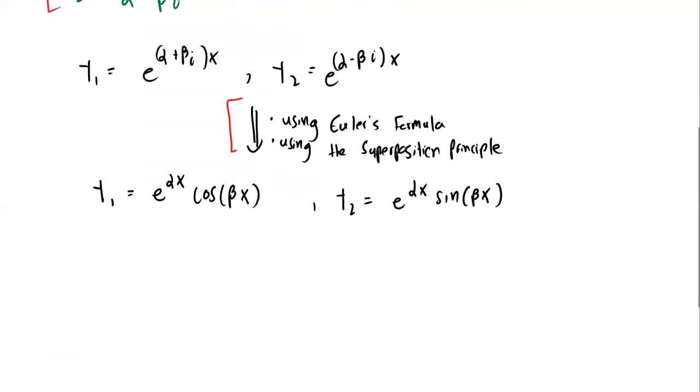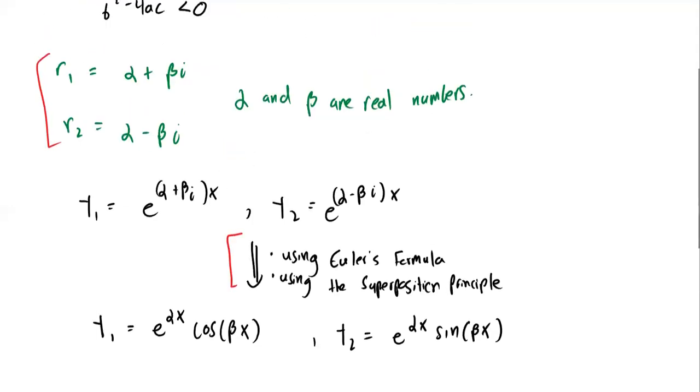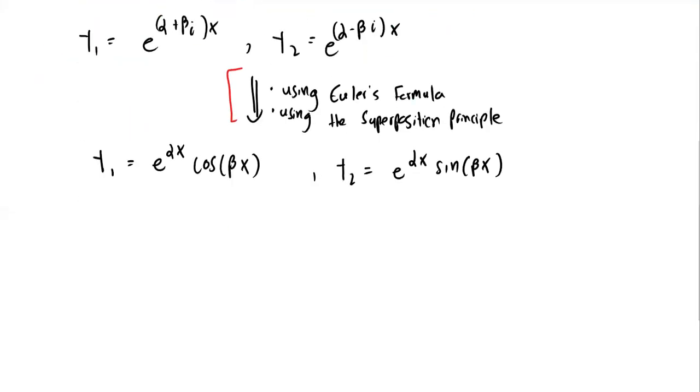Now, why are these two solutions better? Well, if you notice, now everything is real. e to the alpha x times cosine beta x, since alpha and beta are real, this function maps to the real axis. So it's a function that spits out real numbers. That's what we want. We only want to work with real numbers.